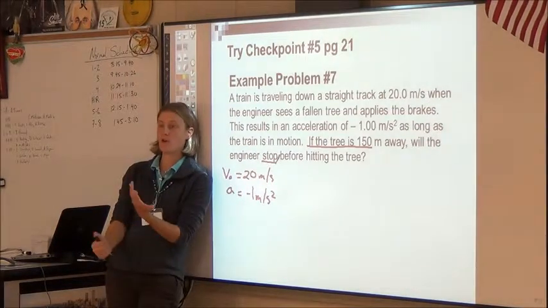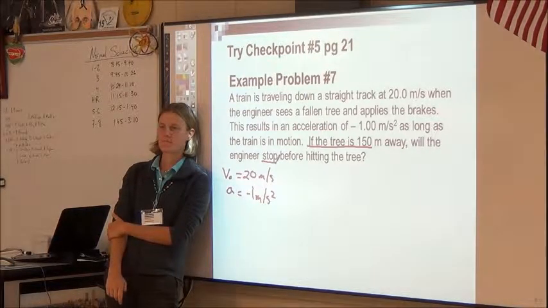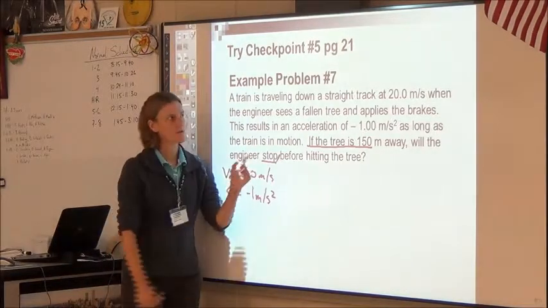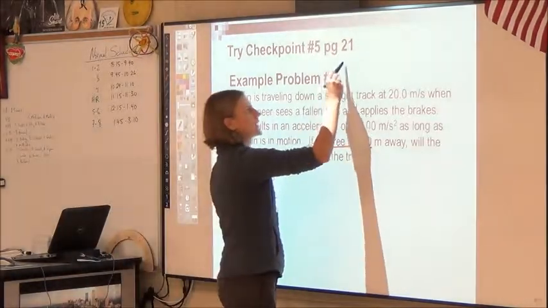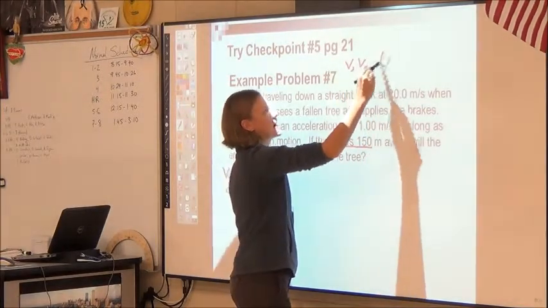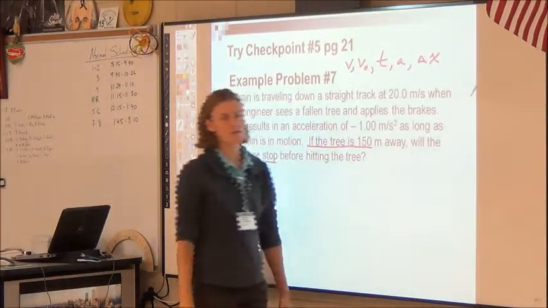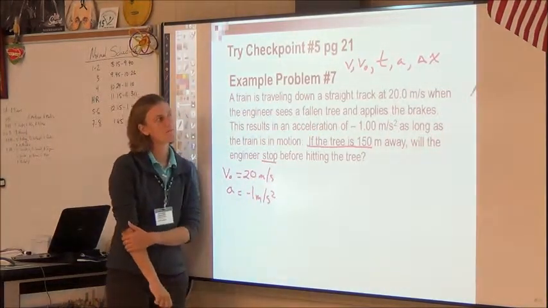What do we even want to solve for to decide if the tree is hit or not? Here's all our motion variables. You got velocity, initial velocity, time, acceleration, or displacement. These are really the only things we can solve for here using the kinematics.